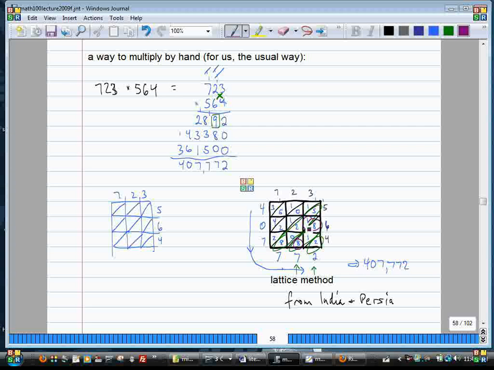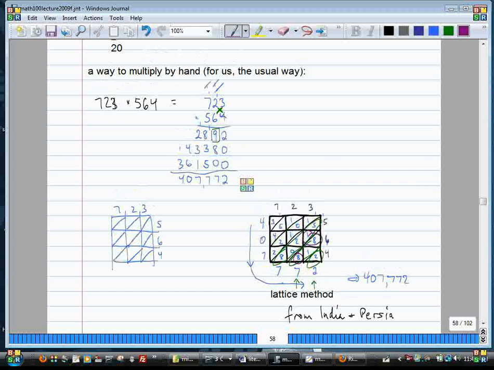So this lattice has been set up in a very, very clever way, so that when you multiply 2 digits together, you're going to get a 1 or 2 digit number. And the way that the lattice is set up is that each diagonal represents a specific place value, and each digit drops into exactly the right place value where it should be.